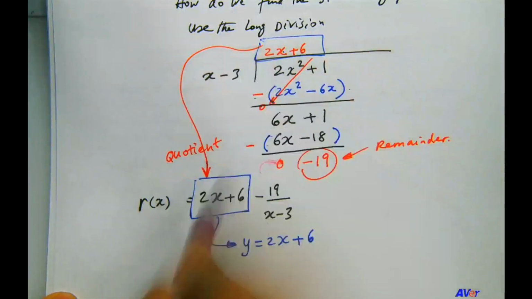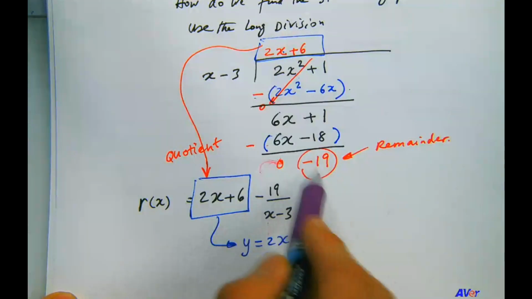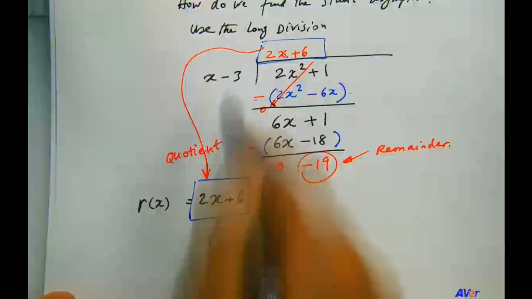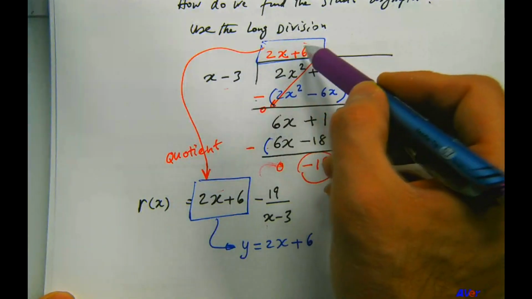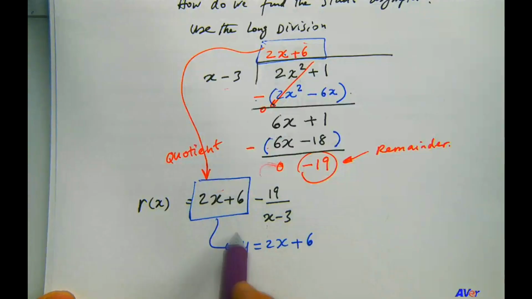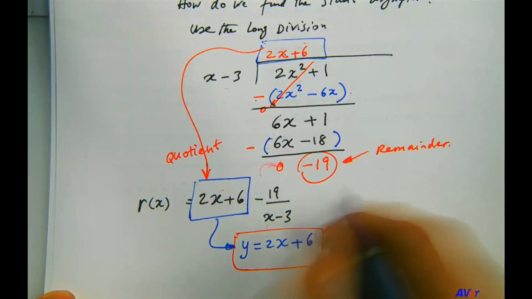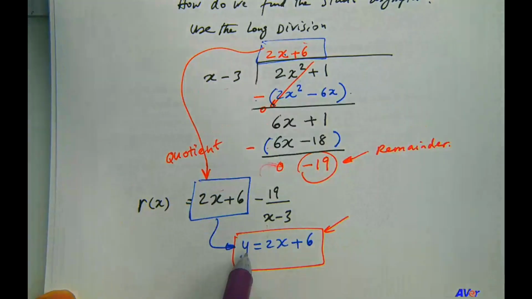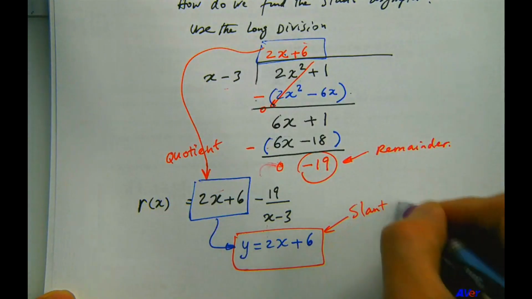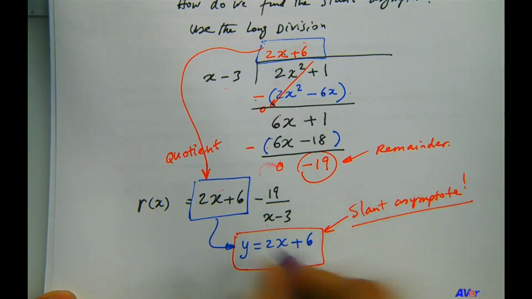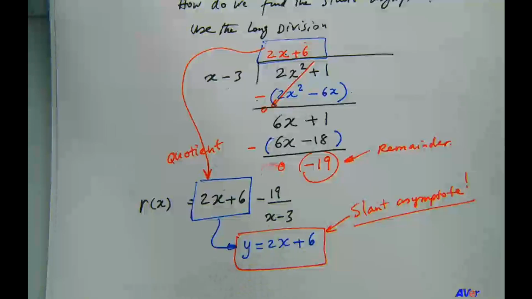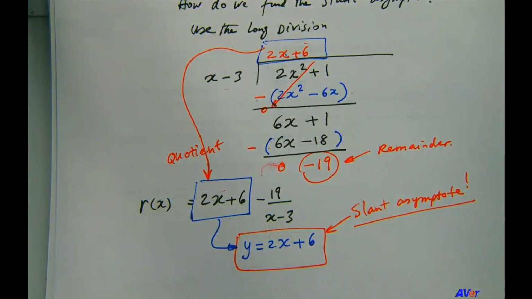From up here, ends up here, minus 19, which is the remainder divided by x minus 3. Now this quotient, which we arrived at here, that quotient is the slant asymptote. So just set it equal to y. Slant asymptote, that's the equation of it: 2x plus 6. So let's go back to our computer and plot that line with the graph we already have.